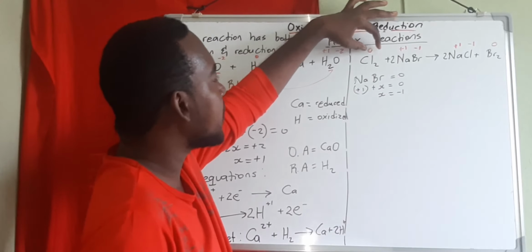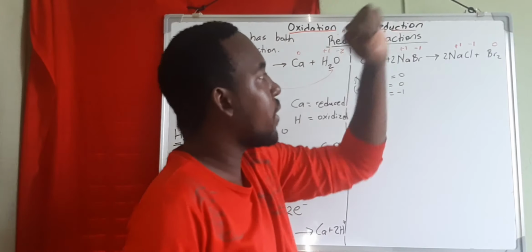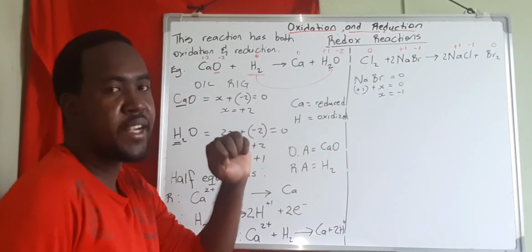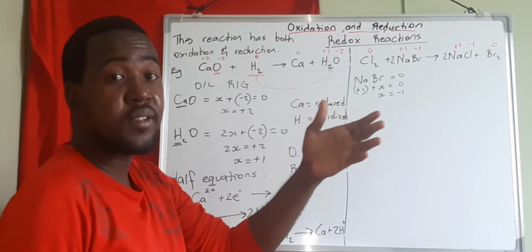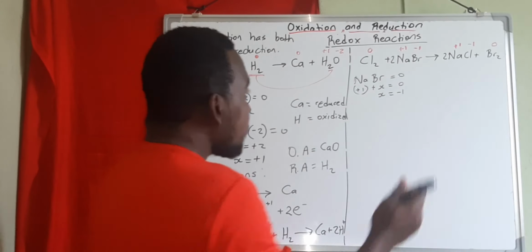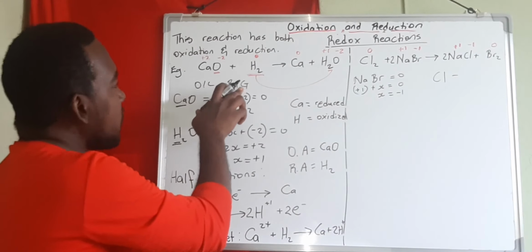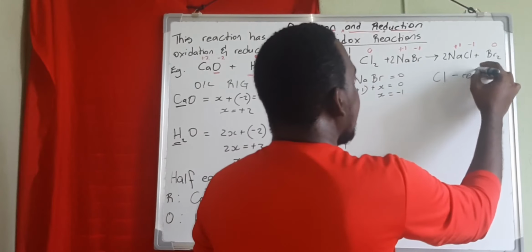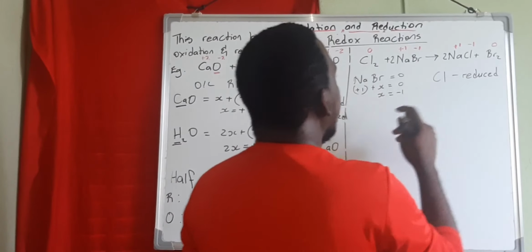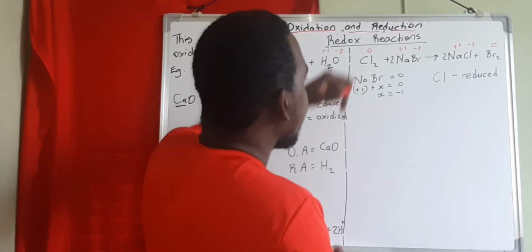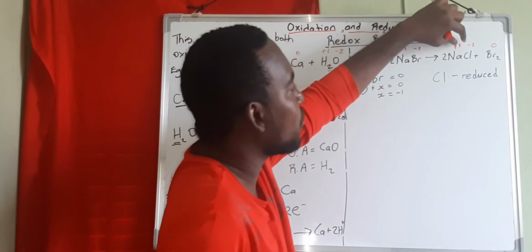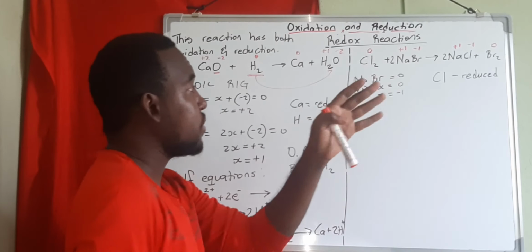So let's look at chlorine. Chlorine moves from 0 to -1, so that means it actually gained electrons. If you gain electrons, you are reduced. And sodium is +1 here, +1 here, so nothing happened to sodium.